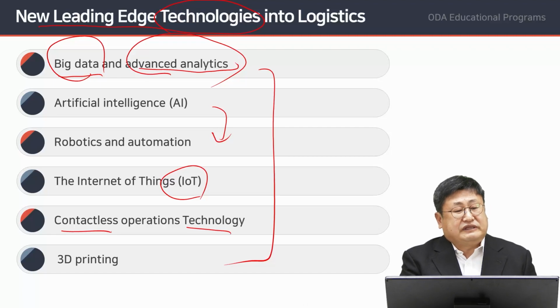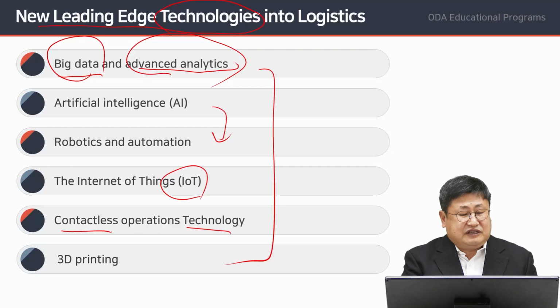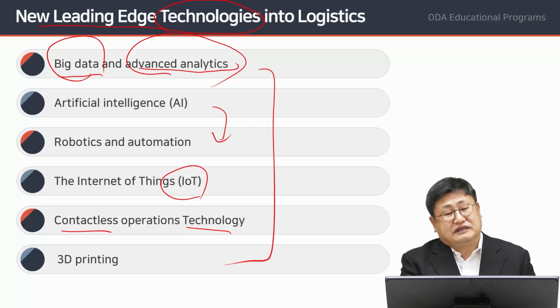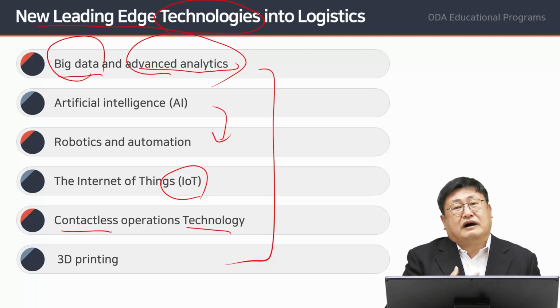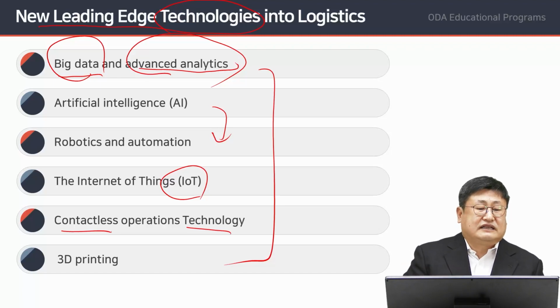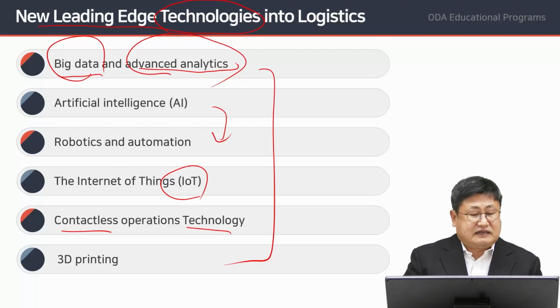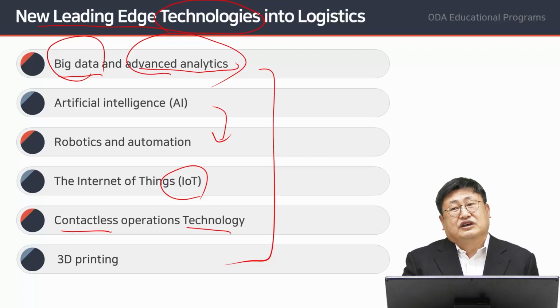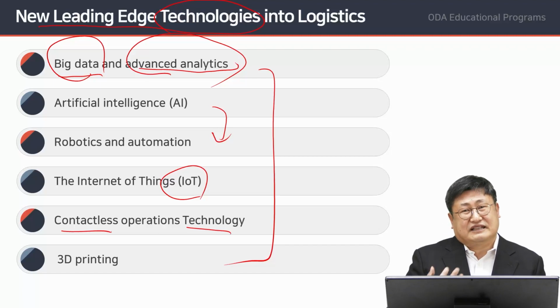So big data, AI, robotics, IoT, containerless operation technology, and 3D printing are leading technologies that alter our business life and the government sector as well. You just need a general understanding of this trend, okay?